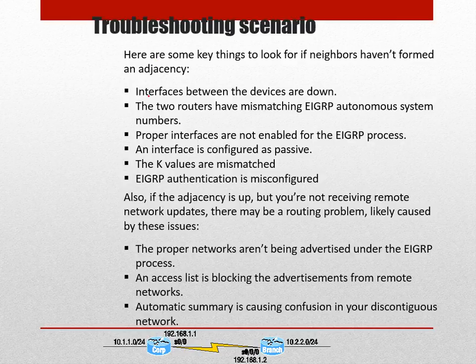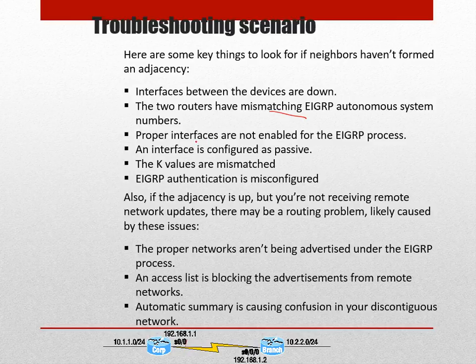And the troubleshooting scenario that he has, the interfaces between the devices are down. This is the topology, much simpler than the one we're going to do the configuration on. So we'll look at that, the K values. These are all the things that are wrong. The interfaces are down. The two routers have mismatching autonomous system numbers. I probably didn't do all of this stuff. Proper interfaces, some of the things to look for.